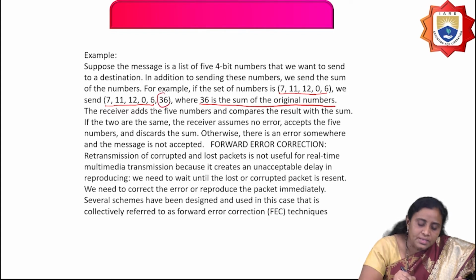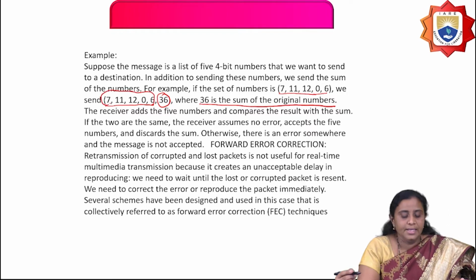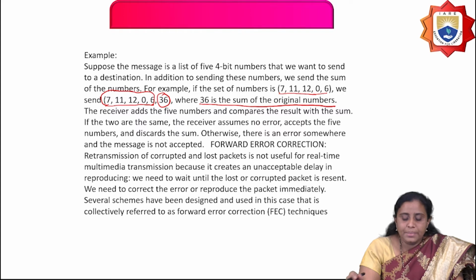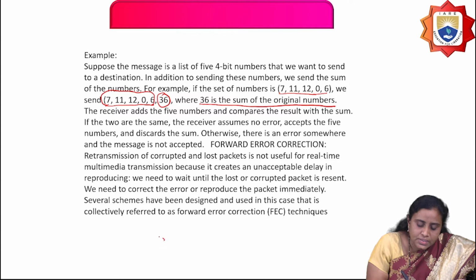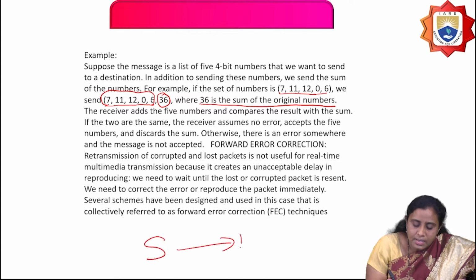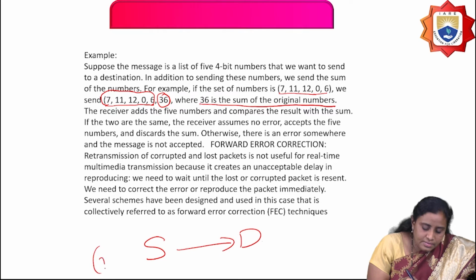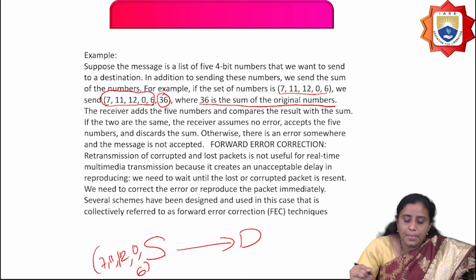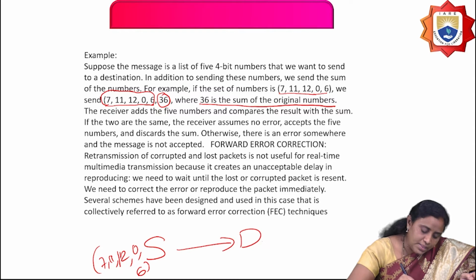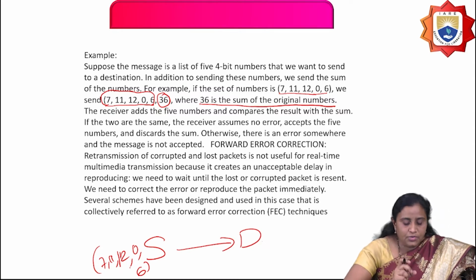So 36 is the whole sum of these numbers, if you add them. The receiver adds the 5 numbers and compares the result with the sum. Whenever a source needs to send this type of data to the destination, it sends 7, 11, 12, 0, 6, where 36 is the sum of all these numbers. So the receiver adds the 5 numbers and compares the result with the sum.